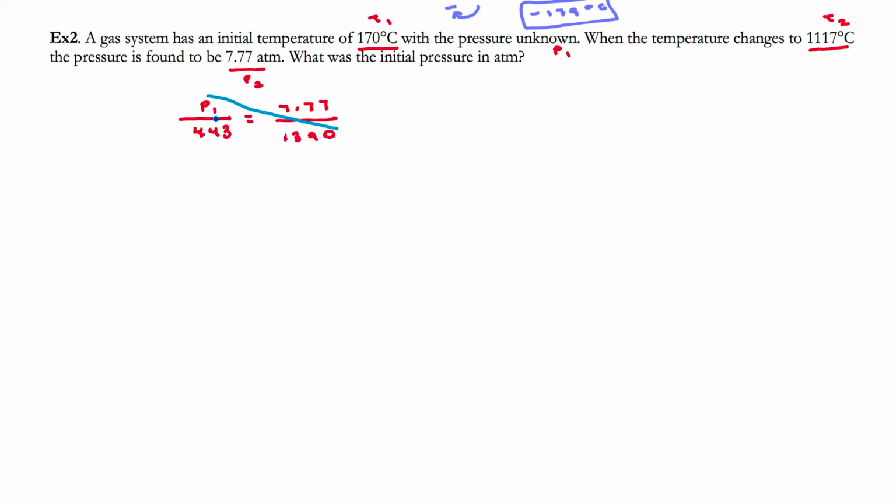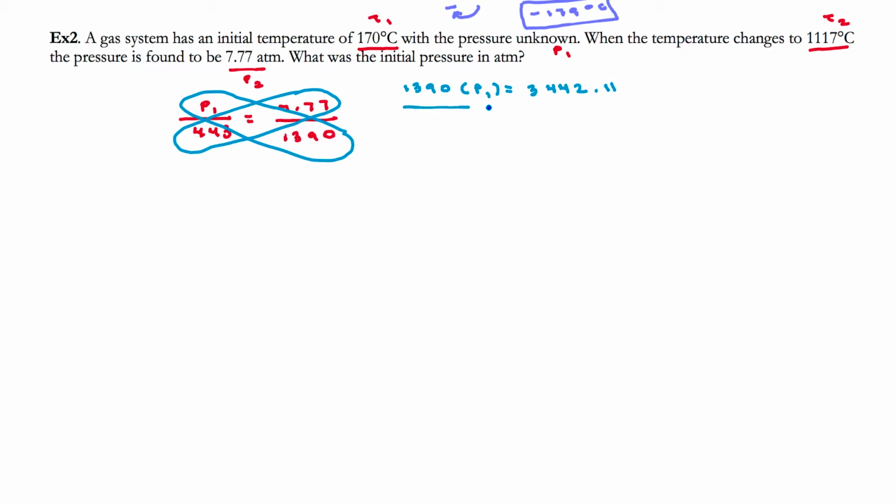So I'm going to cross multiply. Okay, so 1,390 times P1 equals 443 times 7.77. And I get 3,442.11. I'm going to divide both sides by 1,390.